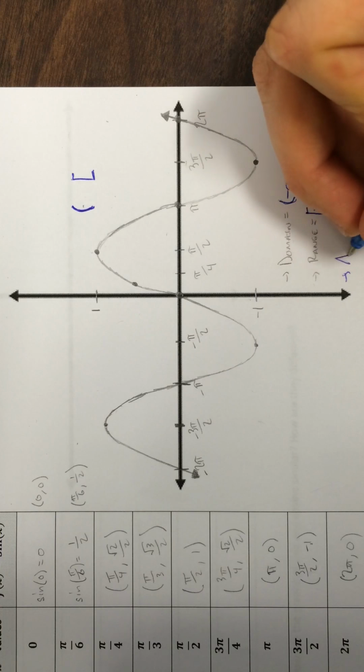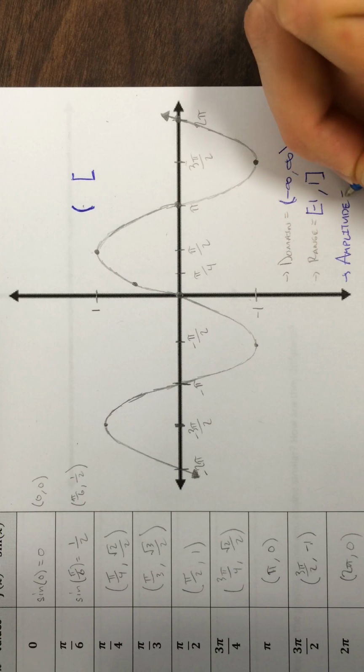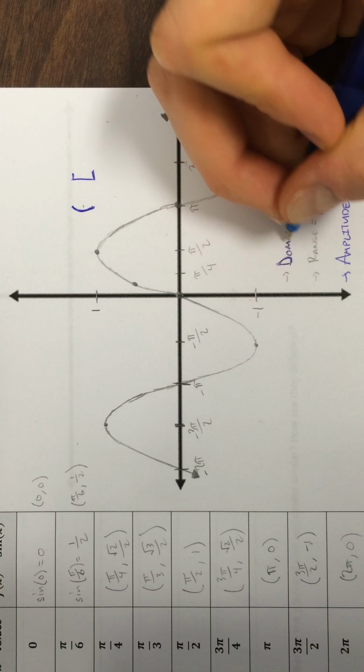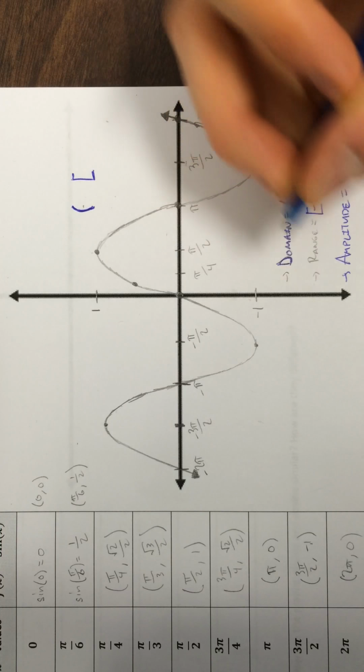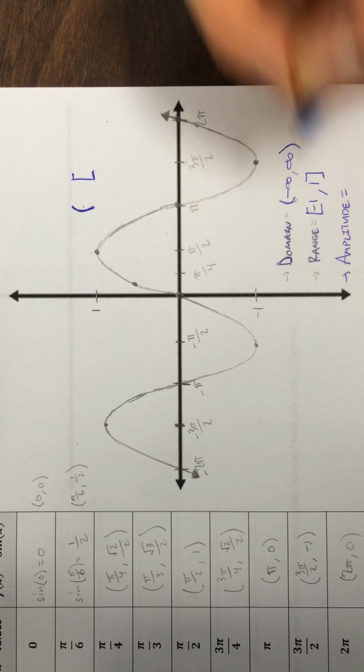We also called an amplitude. So if we look at this function, it's a wave function. Let me write this. It's a wave type function, and an amplitude is one way we can measure a wave.